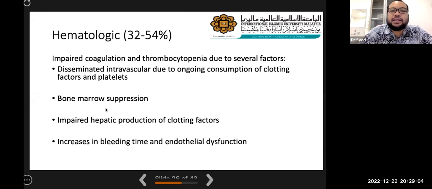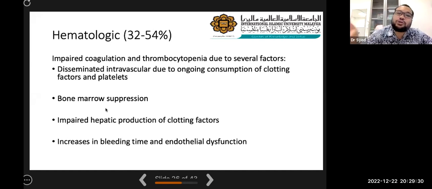Hematological system is affected in 32 to 54%. There may be impact on coagulation. There may be thrombocytopenia. Why? There's a lot of reasons why. It can be because of consumptive coagulopathy, consumptive thrombocytopenia. It can be because of bone marrow suppression, because of the hypoxic event, also because of liver derangement.